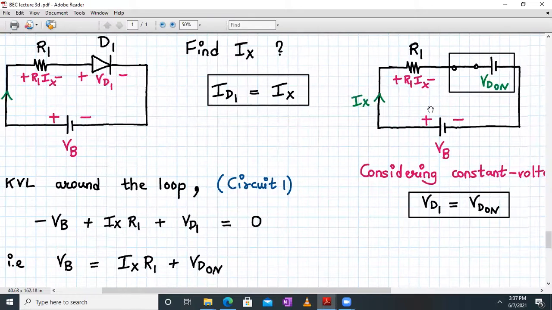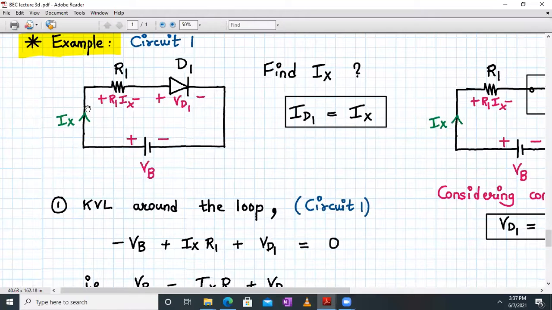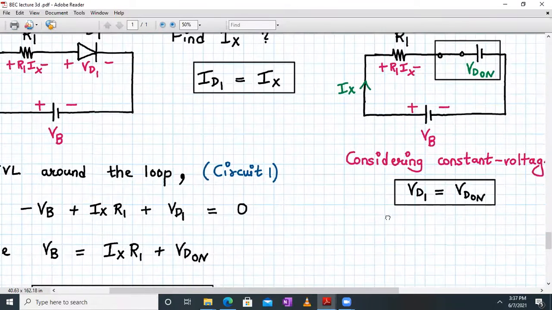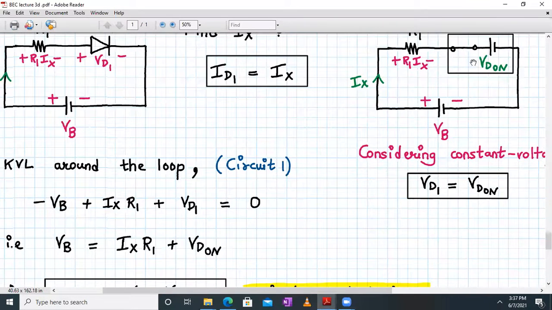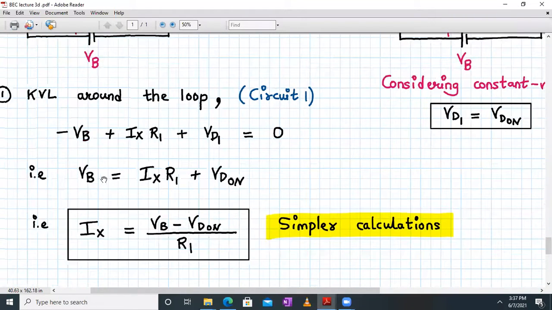Yes, we can. So we can write minus VB plus Ix into R1 plus VD1 is equal to 0. Now from the circuit, what is VD1? VD1 is nothing but VD on. So we can rewrite this equation as VB is equal to Ix R1 plus VD on.